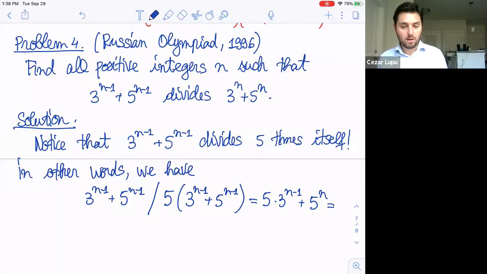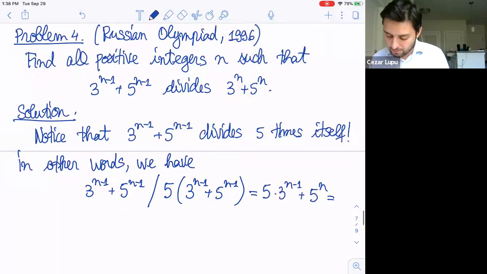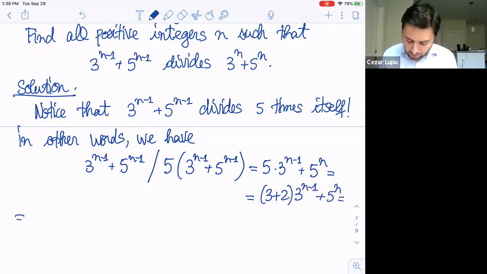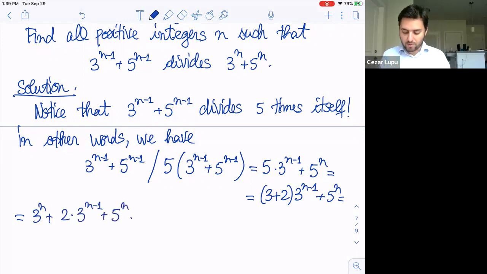I'm going to write 5 as 3 plus 2. So this would be 3 plus 2 times 3 to the power n minus 1 plus 5 to the power n. And this will be equal to 3 to the n plus 2 times 3 to the n minus 1 plus 5 to the n. Wow, that's an amazing thing. You see?